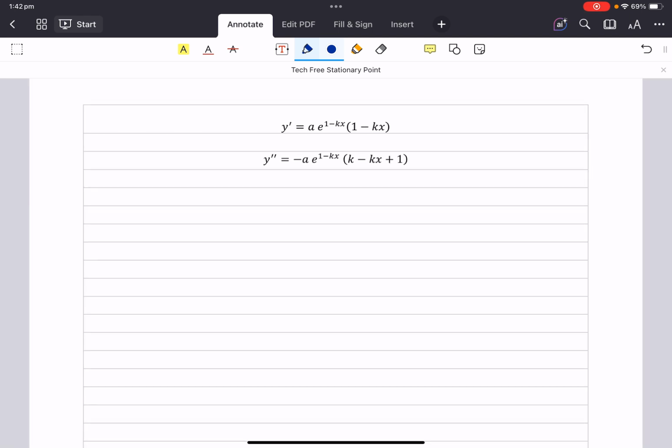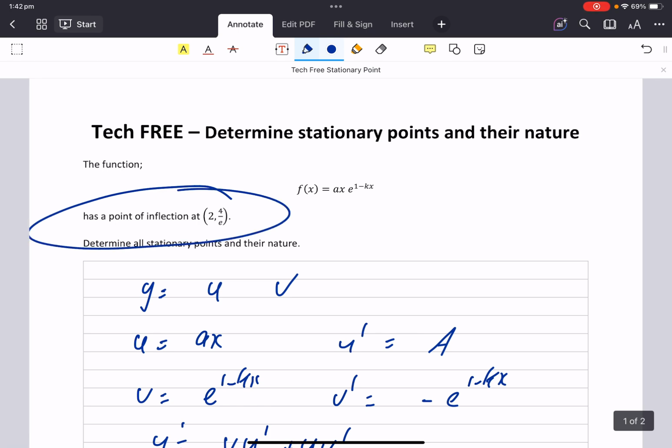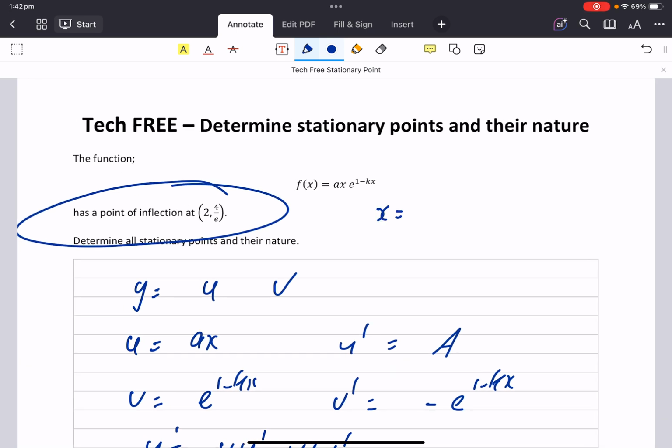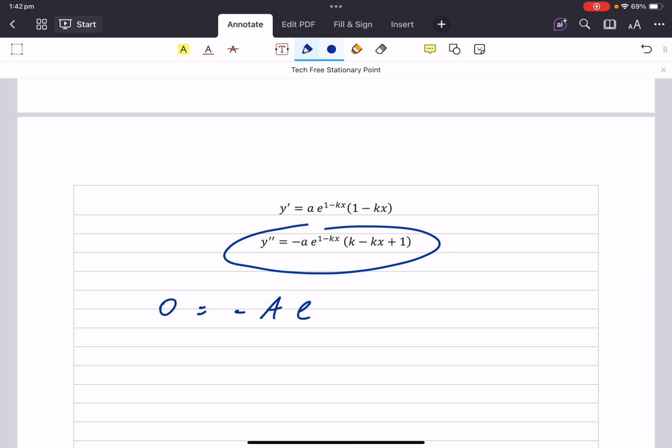So importantly, we have a point of inflection where x equals 2. Point of inflection is where the second derivative is 0. So in this one here, 0 equals minus a e to the 1 minus x is 2.